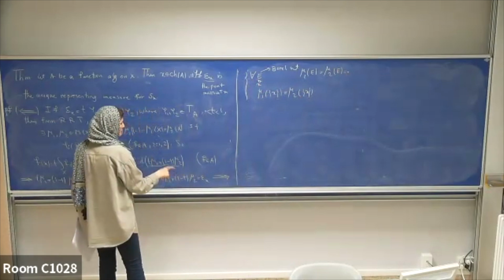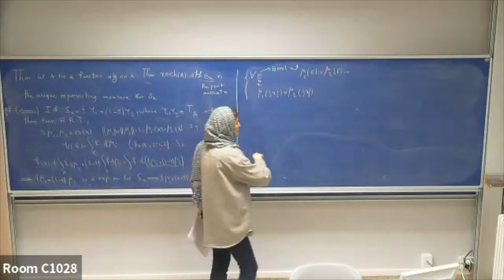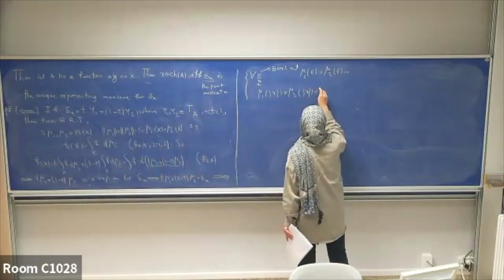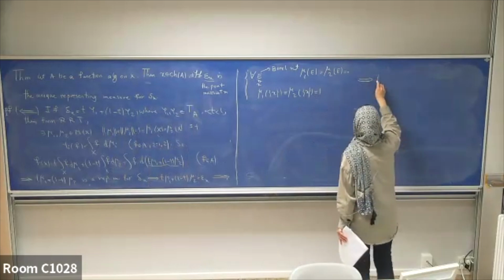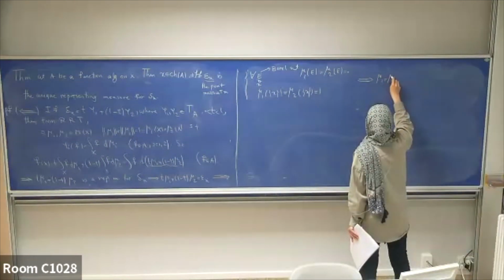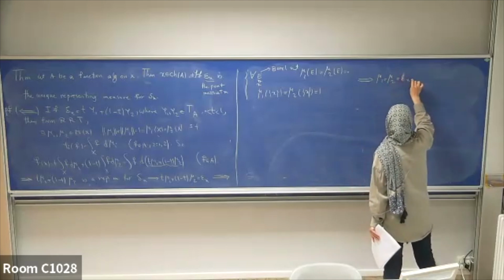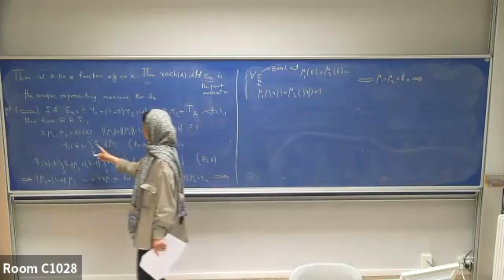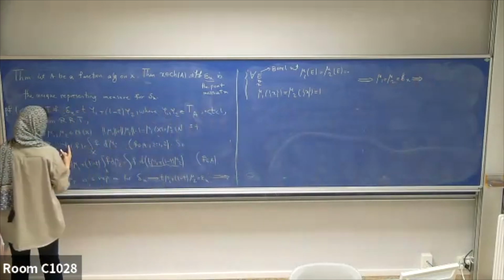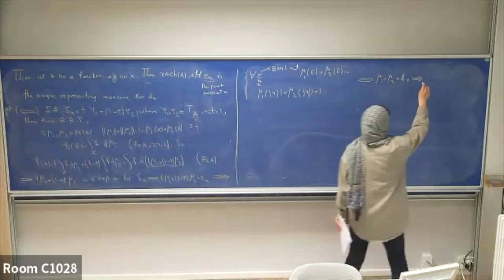Since 1 is the extreme point of the unit ball in C, so we have 1. And from this, we can say that mu1, mu2 is epsilon x, and the corresponding functionals phi1 and phi2 should be delta x.